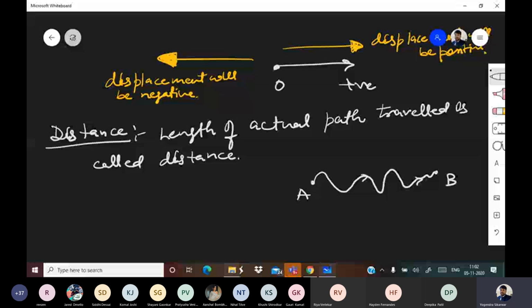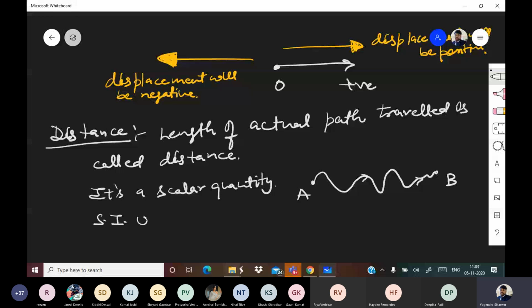SI unit is meter. Dimensions are M naught L1 T naught.